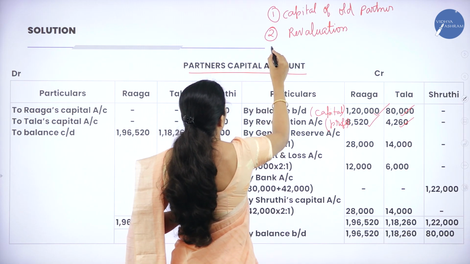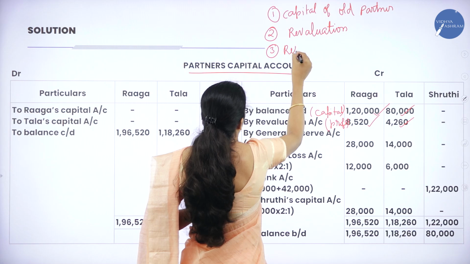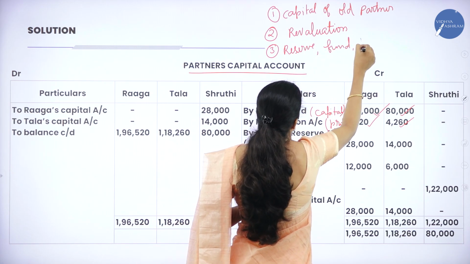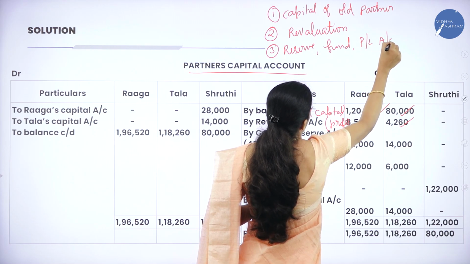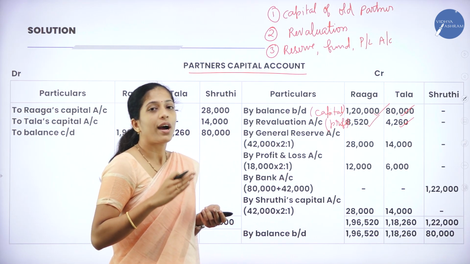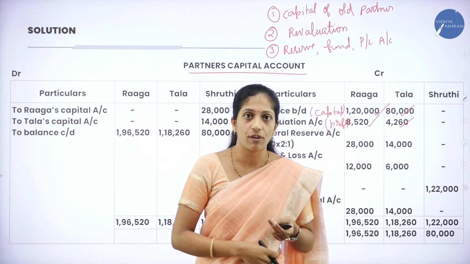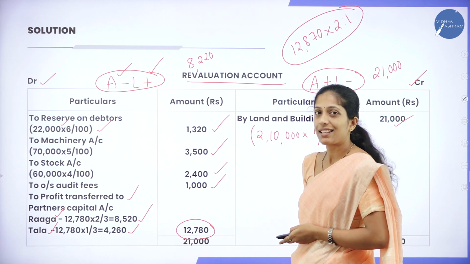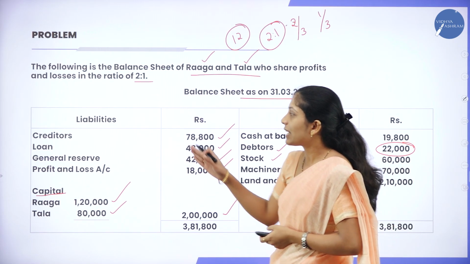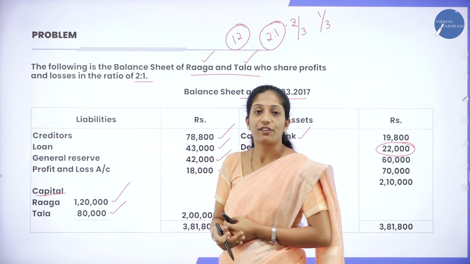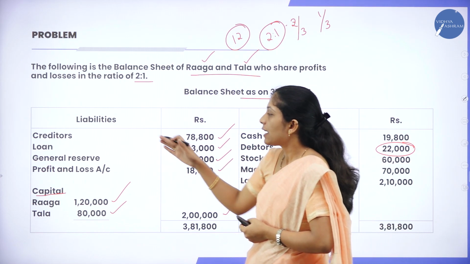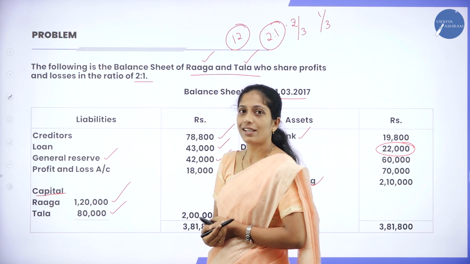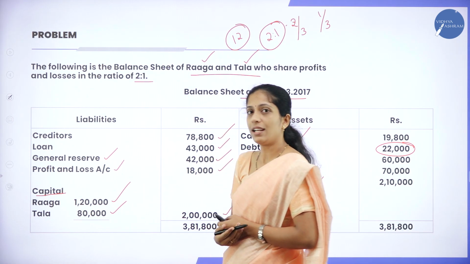Next, you have to check your balance sheet whether there is any reserve, fund as well as profit and loss account. So your third step is to check whether there is any reserve, fund as well as profit and loss account. Go through your balance sheet in the question. If you see the liability side, we have creditors, loan, and here there is general reserve and of course there is profit and loss account.